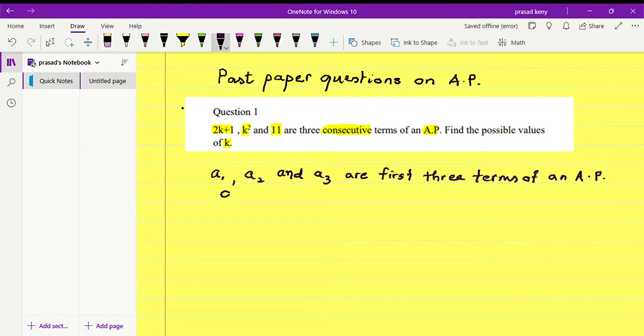That means A2 minus A1 is the same as A3 minus A2.